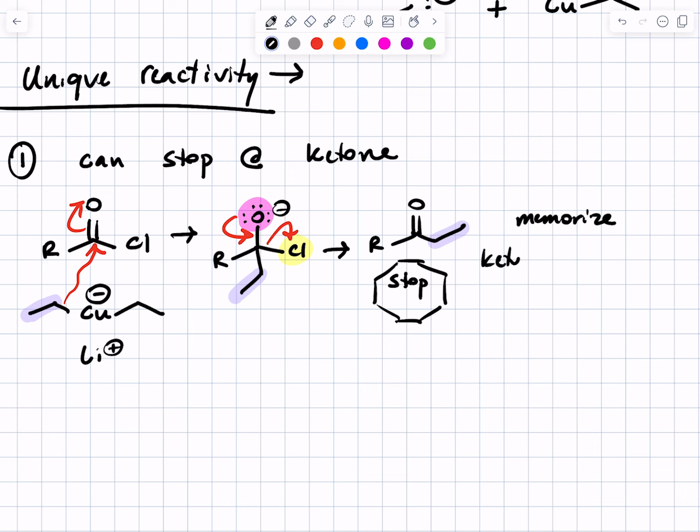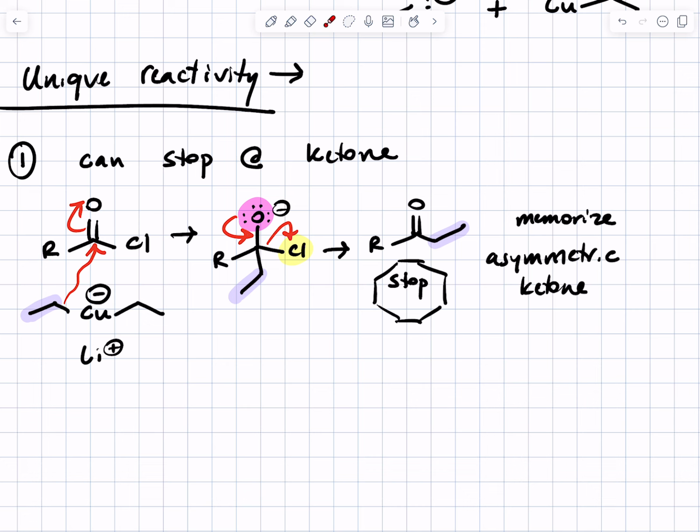This product is a ketone, and it's maybe what we might call an asymmetric ketone in the sense that what got delivered by the cuprate doesn't have to be the same as this R group.